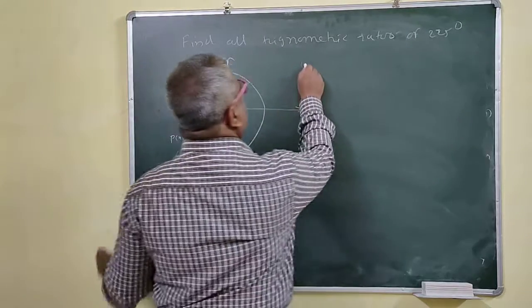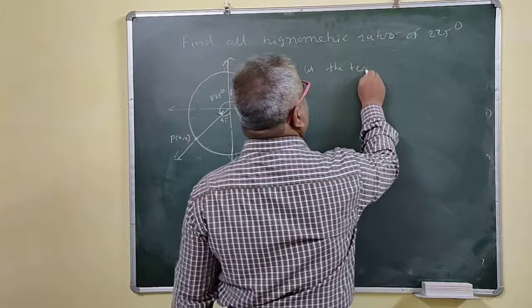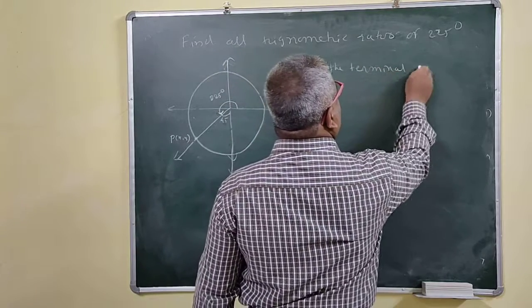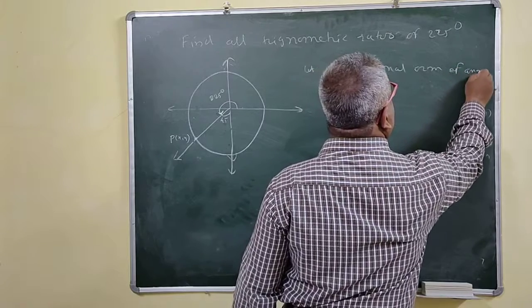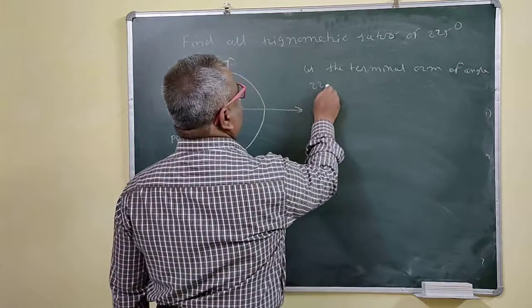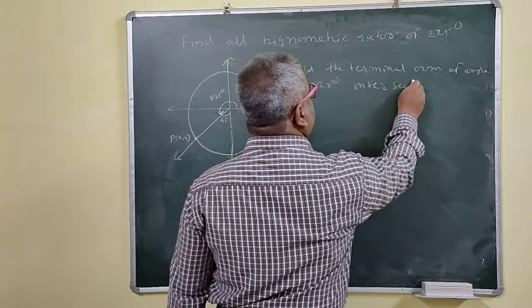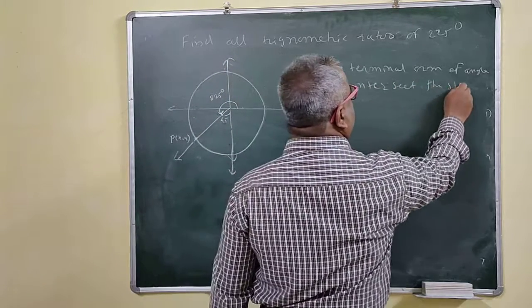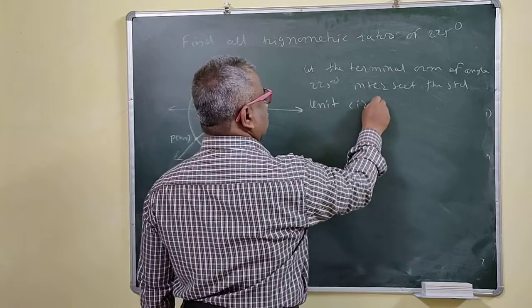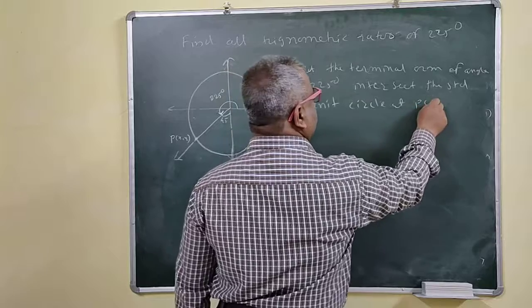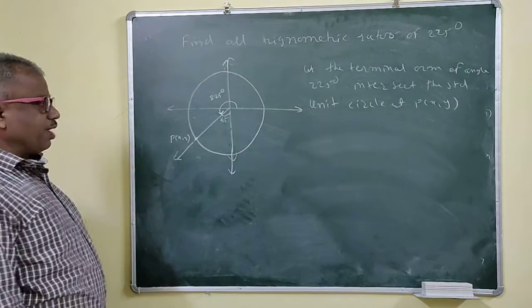Let the terminal arc of angle 225 degree intersect the standard unit circle at P(x, y). Now we are interested to find the coordinates x and y.